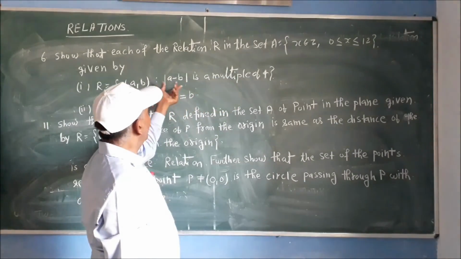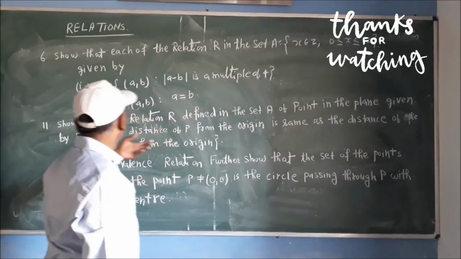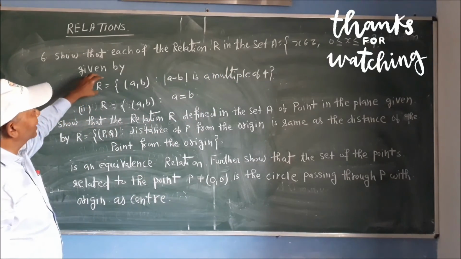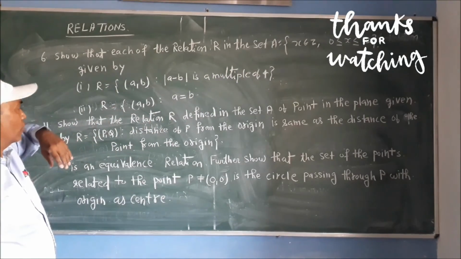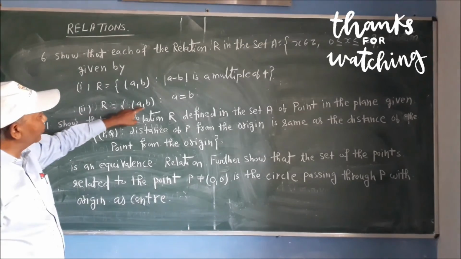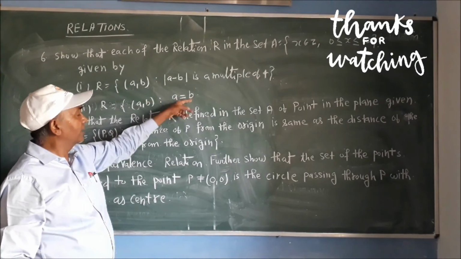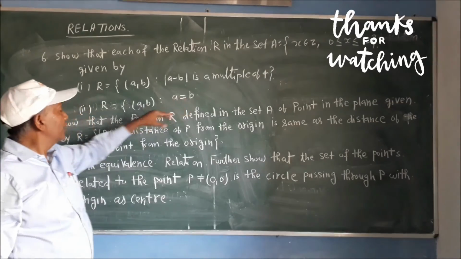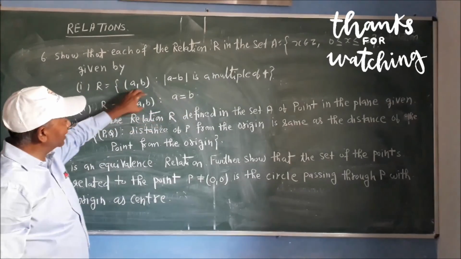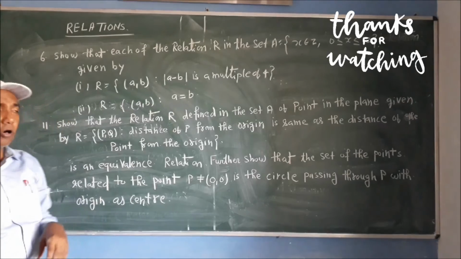That means |a − b| is divisible by 4. Then we have to show whether this relation is an equivalence relation or not. Second is R = {(a,b) : a = b}. A and B both are the same element. So again we have to check whether this relation is an equivalence relation or not.